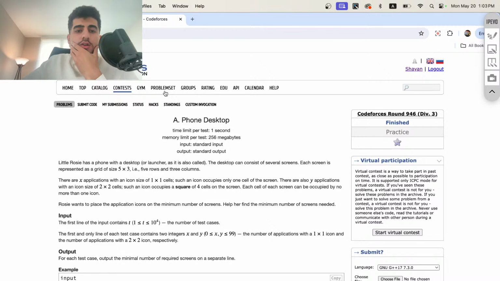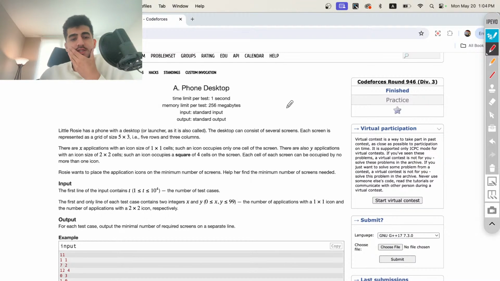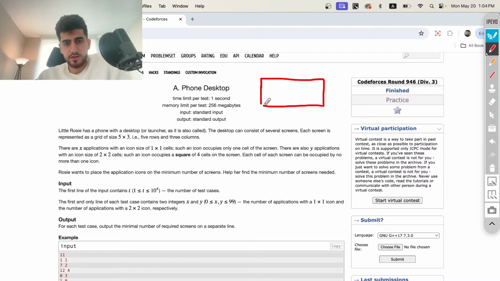Okay, so let's talk about the first problem in more detail. Well, we have a 3 by 5, and our shape is 3 by 5. And I have a greedy approach for this.